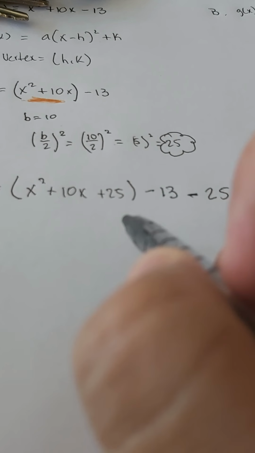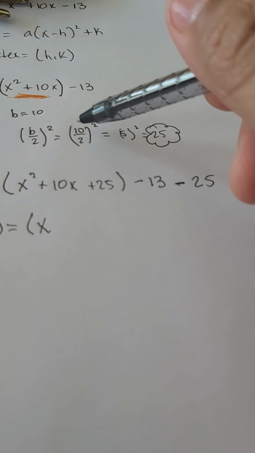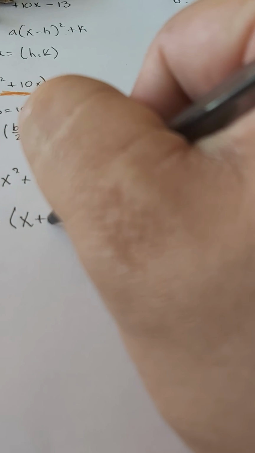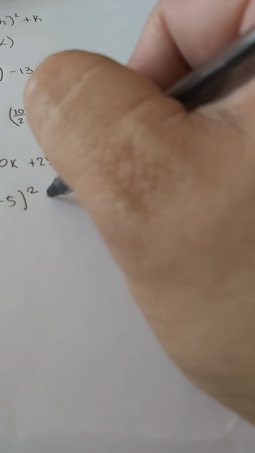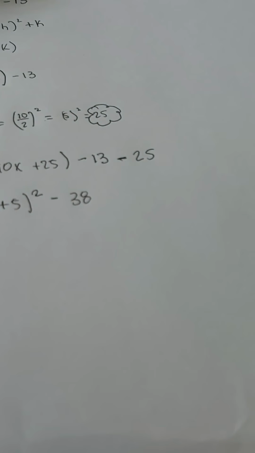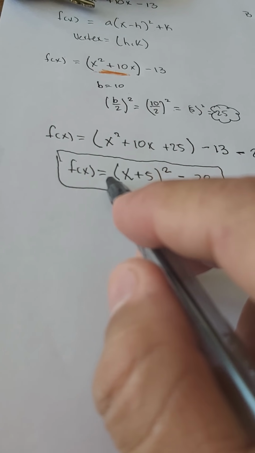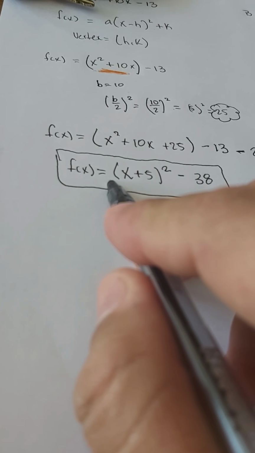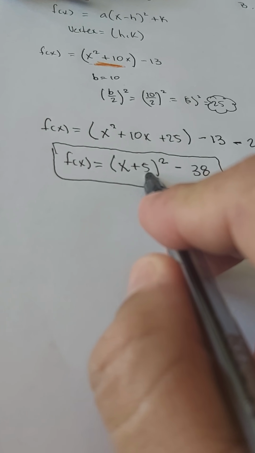Now this is a perfect square trinomial, so f of x equals x plus 5 squared, negative 13 minus 25, that's negative 38. And there we have our equation in vertex form. a equals 1. h is equal to negative 5. Why negative 5?